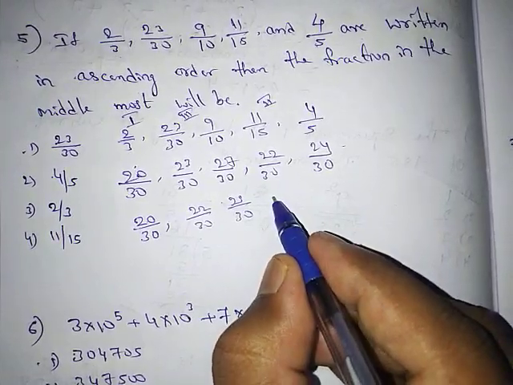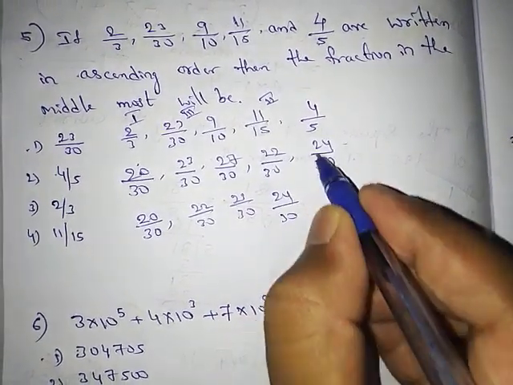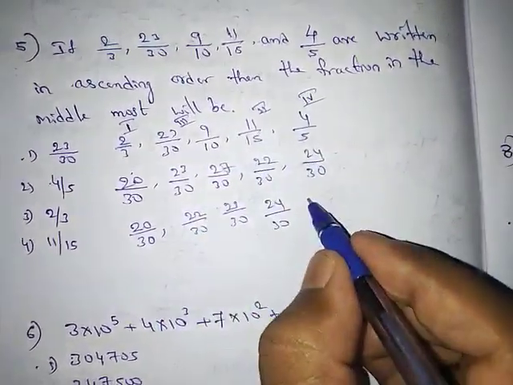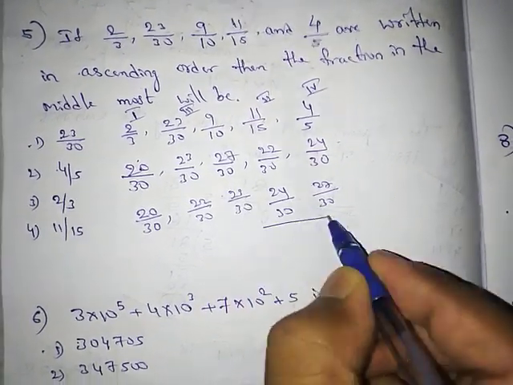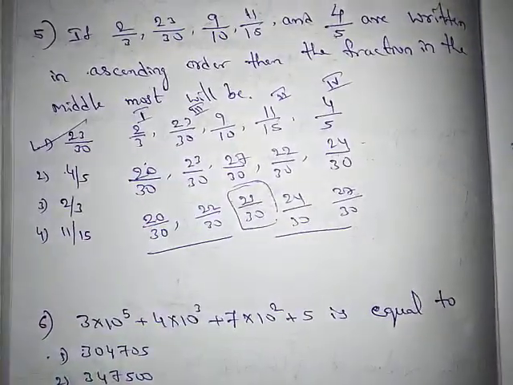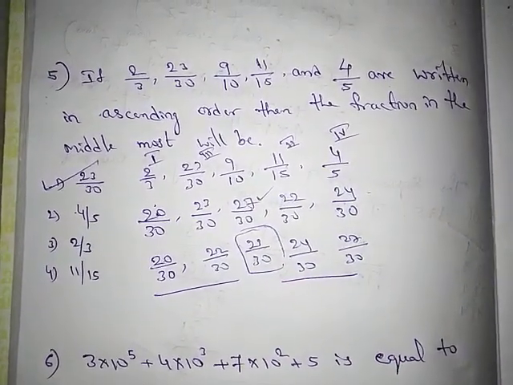And the fourth one is 24 by 30, right? This one. And the last one is 27 by 30. That is the middlemost value, 23 by 30. Got it?